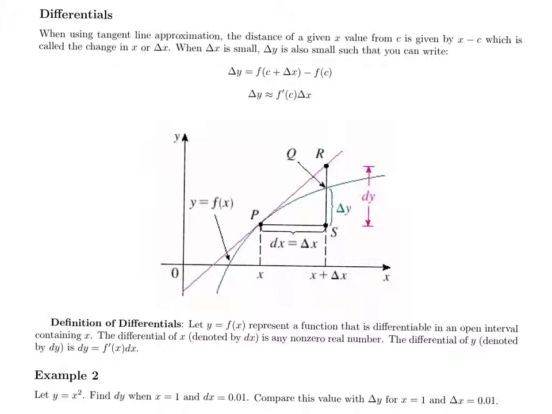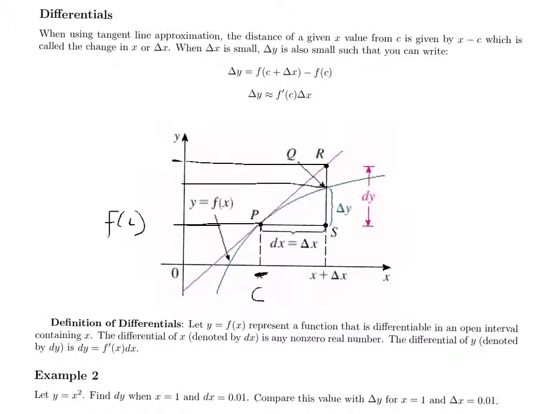So the change in y is going to be the difference between the function evaluated at your original point, which in this diagram we could call c, so our y value here would be f of c, and then the y value of the function at f of c plus delta x.